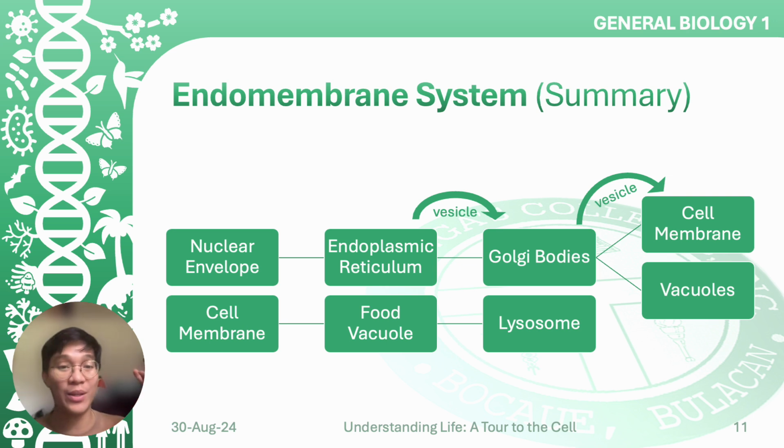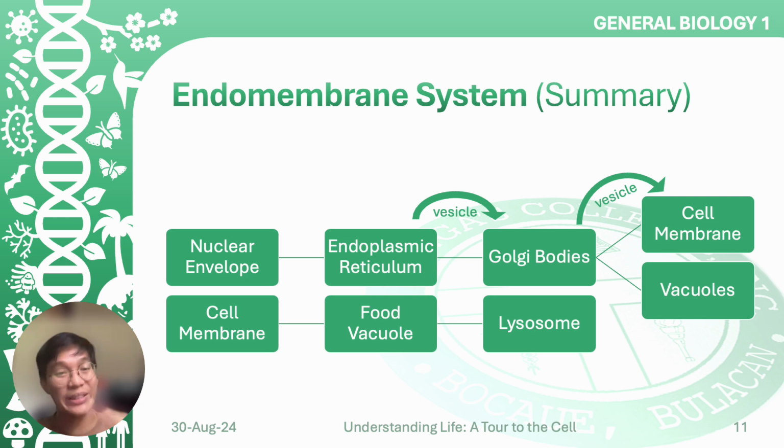That DNA will be transcribed first to make your mRNA, right? And that mRNA will exit the nuclear envelope, and then they will be received by your endoplasmic reticulum. The ribosomes first. There should be ribosomes, and then the ribosomes will make proteins that will enter later on your ER.